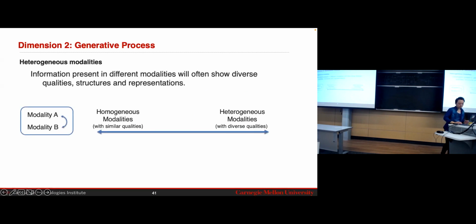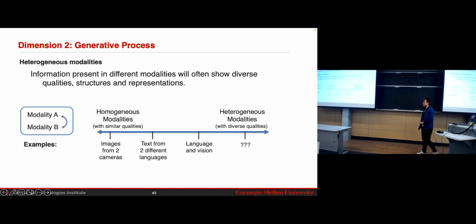And again, the key point is that you want to respect the dimension of heterogeneity, the fact that different modalities typically exhibit different qualities, such as their structure, their internal elements, the different noise in each modality, and so on.